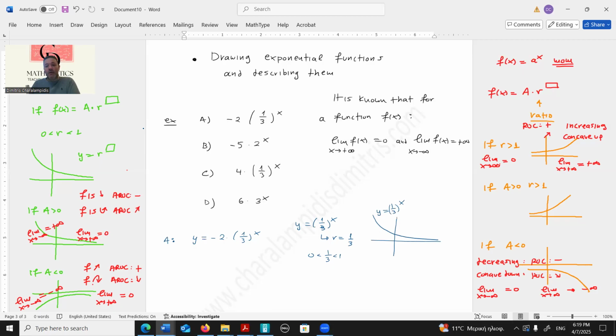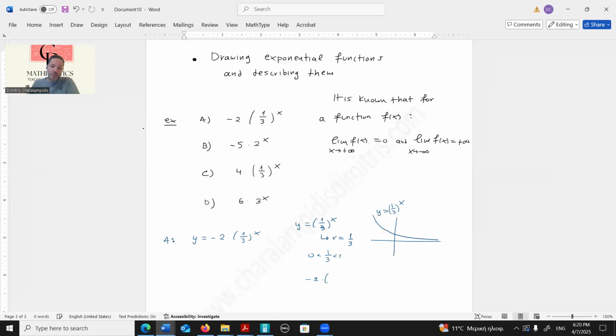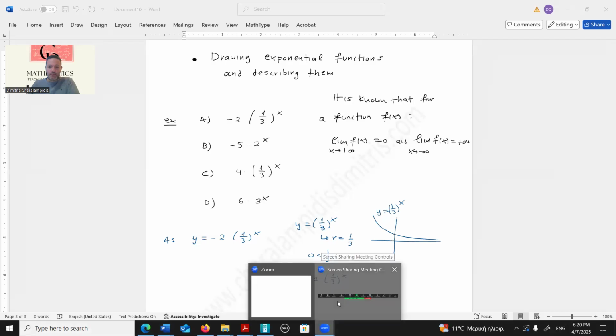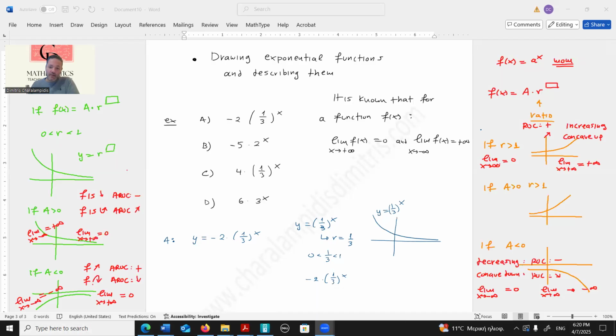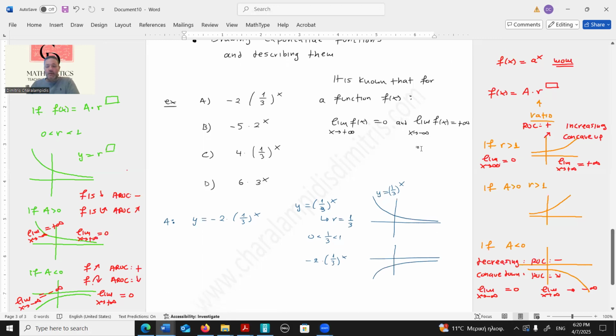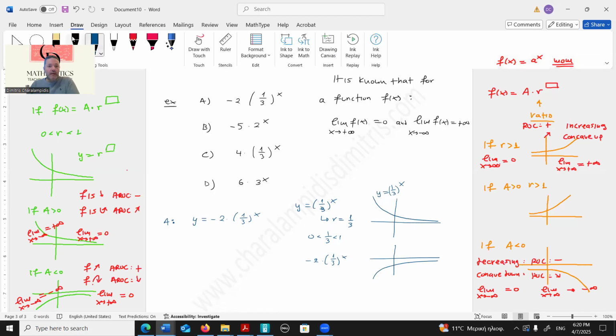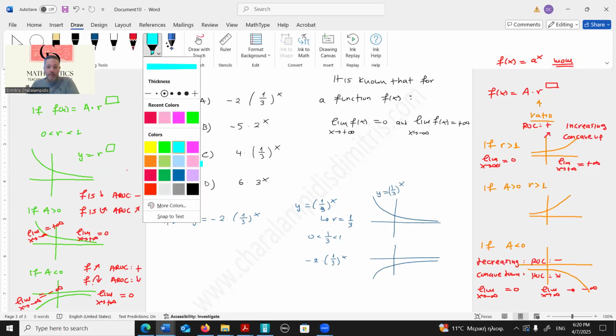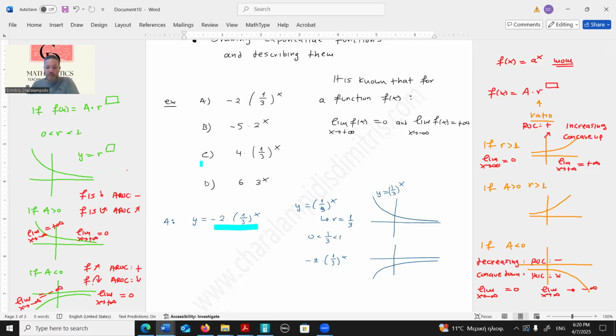But then we multiplied by minus 2. When I multiplied 1/3 to the power of x by minus 2, then this was reflected to the x-axis. So now it would have been that graph. So the graph of minus 2 times 1/3 to the power of x will look like that.